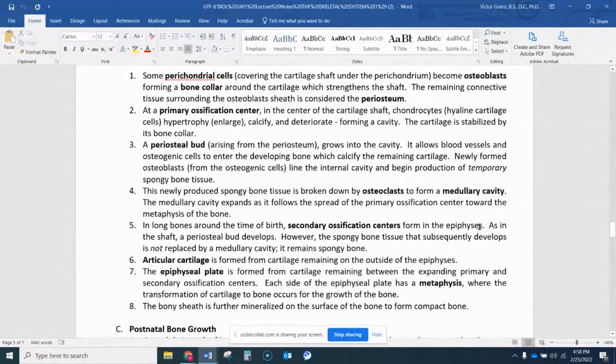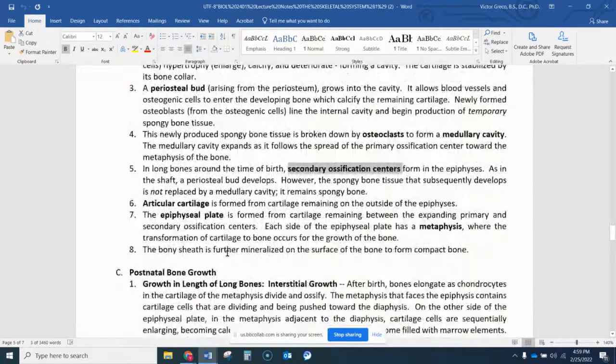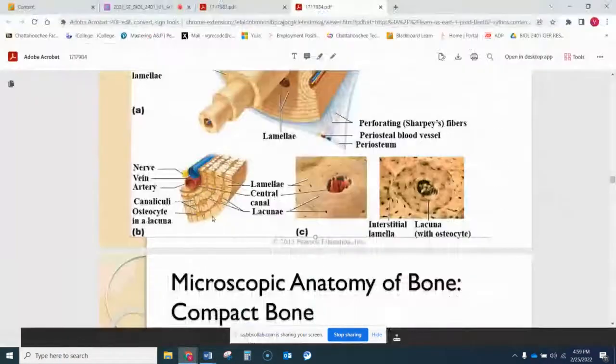There's one at each end. That's why that's plural here. So the shaft is formed first, primary, and then the epiphysis at each end is the secondary ossification centers. However, we're still left with some cartilage, the articular cartilage and the epiphyseal plate. Let me show you this on an image.